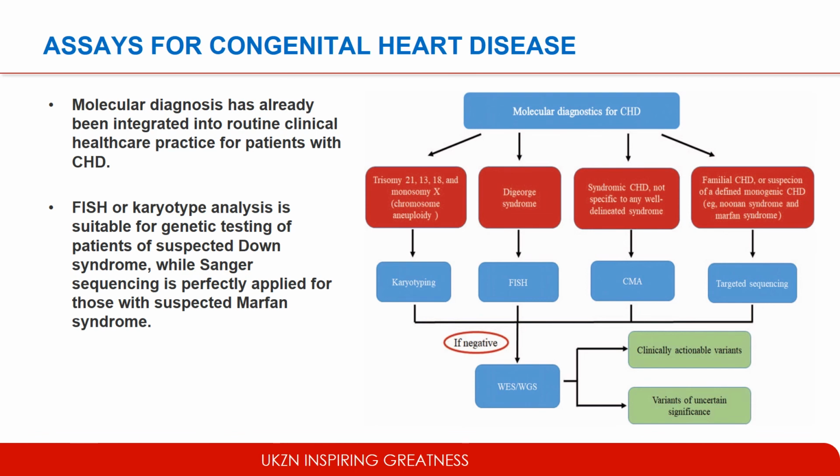With fluorescence in situ hybridization, you would require using fluorescent probes. The process does take a long time because there are various hybridization steps, and sometimes these steps need to be confirmed by whole exome sequencing or whole genome sequencing, so there are further steps.